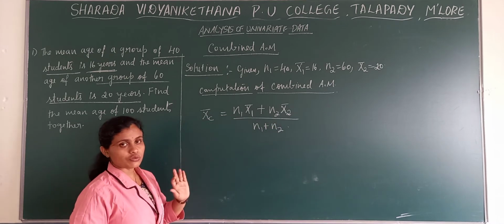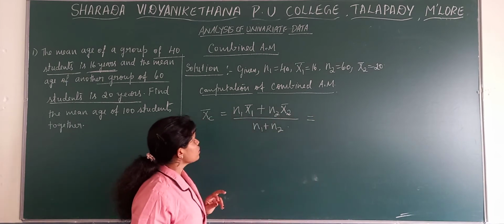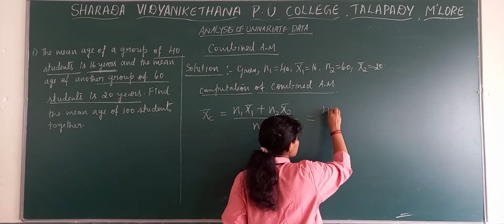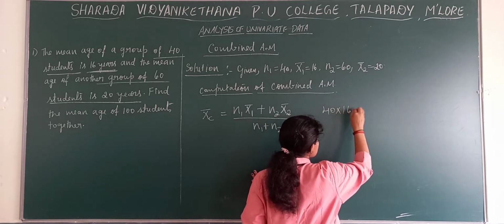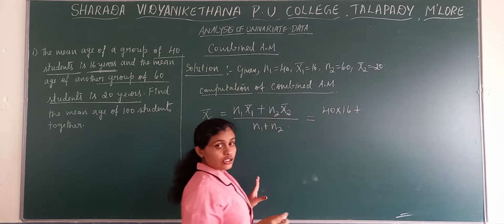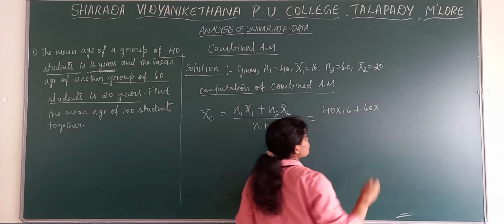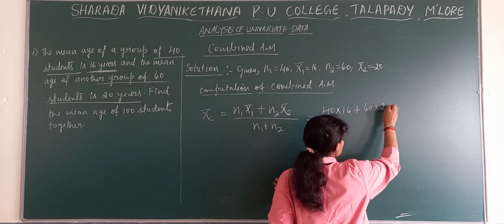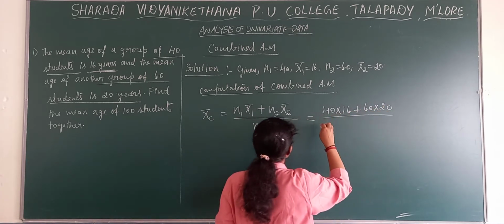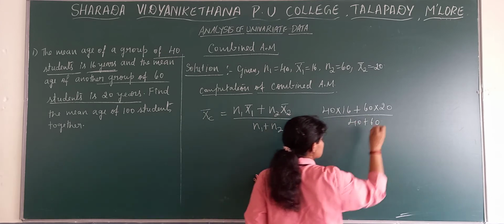Now substitute into the formula. N1 is 40 into X bar 1, which is 16, plus N2 is 60 into X bar 2, which is 20, divided by 40 plus 60.